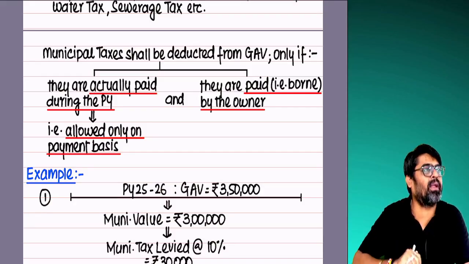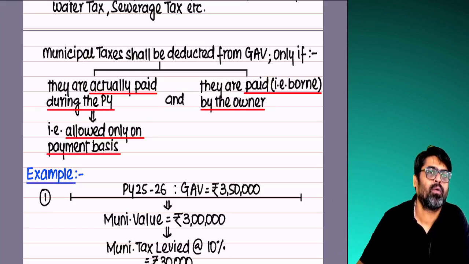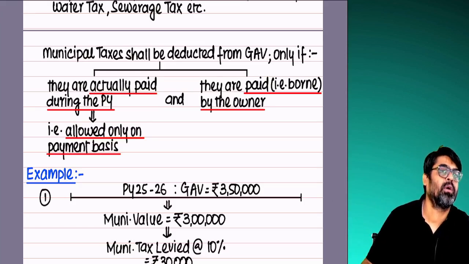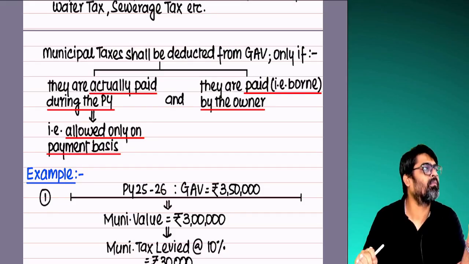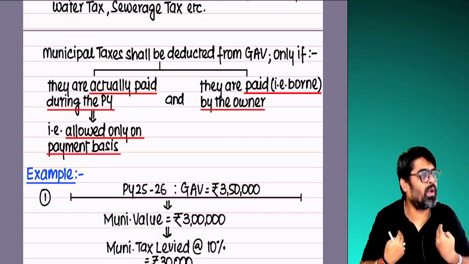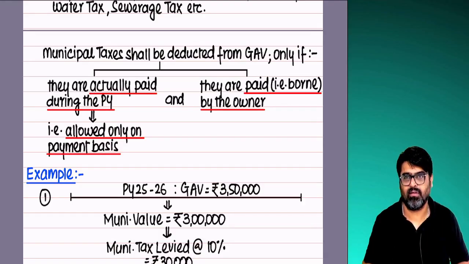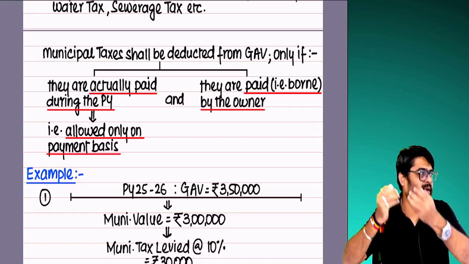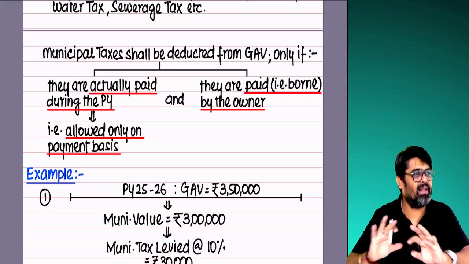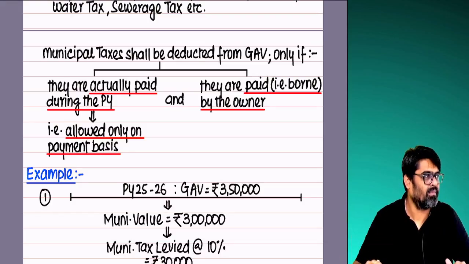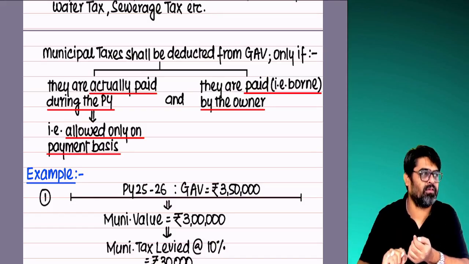It does not mean that it is paid by the owner. Getting my point? What if my tenant pays, and later on I reimburse him? The burden is falling on my pocket. See, full day I am here in the class. I am not able to go to the municipality to pay my municipal taxes. Right now, everything has become online. But what if the municipality is not taking online payments?